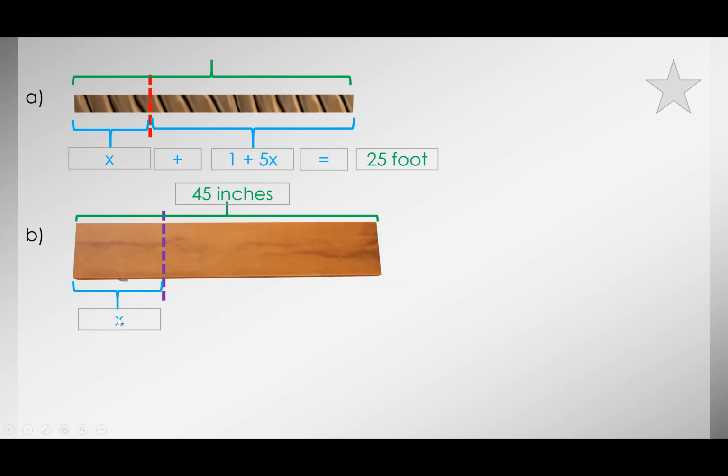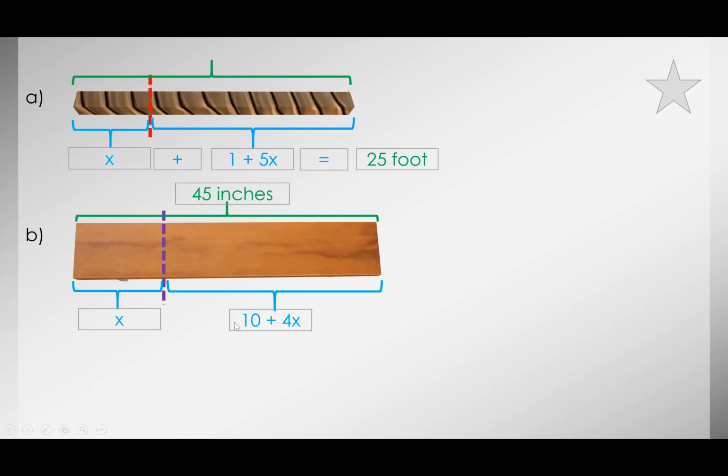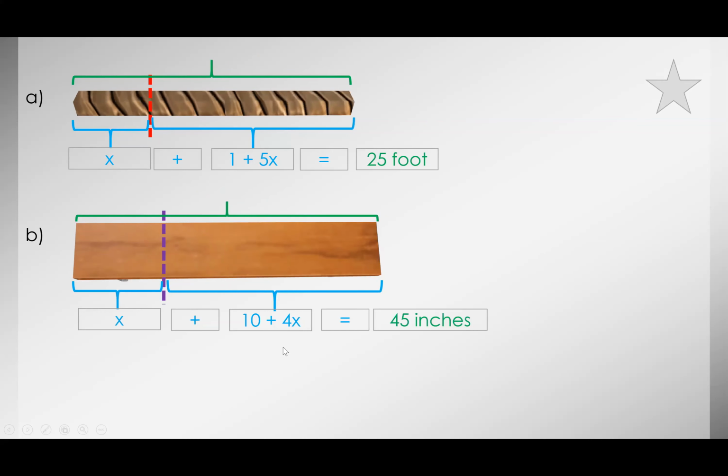Whatever the short piece is, that's your x, but the longer piece is 10 inches longer than 4 times the short piece. As you can see, this is very identical to the other one. The shorter piece plus the longer piece is equal to the total, right?